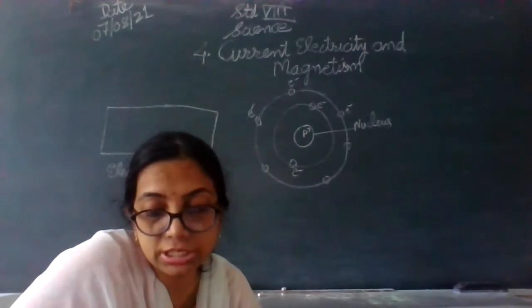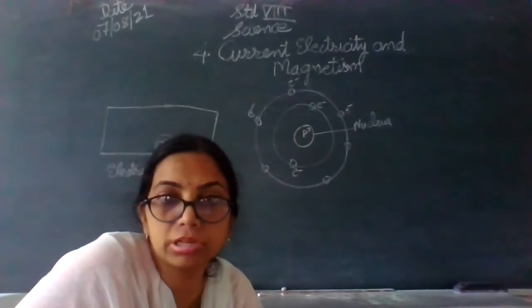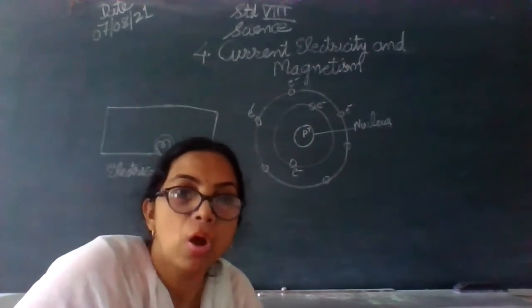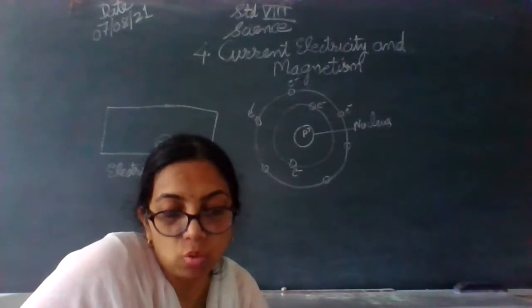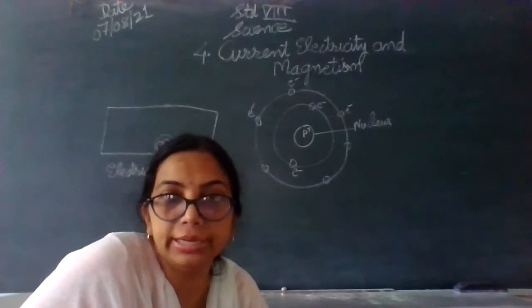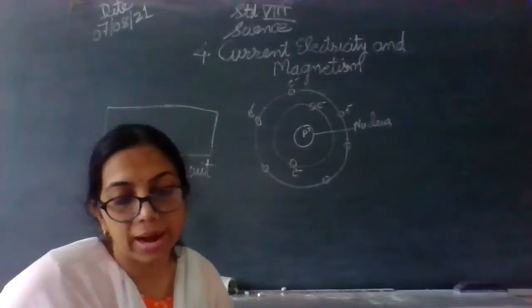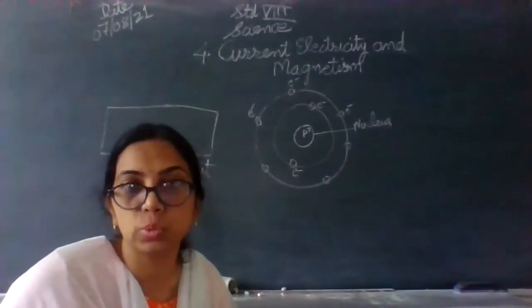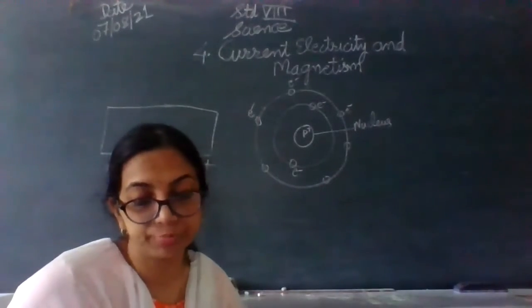These are negatively charged electrons that are transferred from one object to another object. Now, moving negatively charged particles are the electrons, and the positively charged particles which are inside the nucleus of an atom are the protons, isn't it?